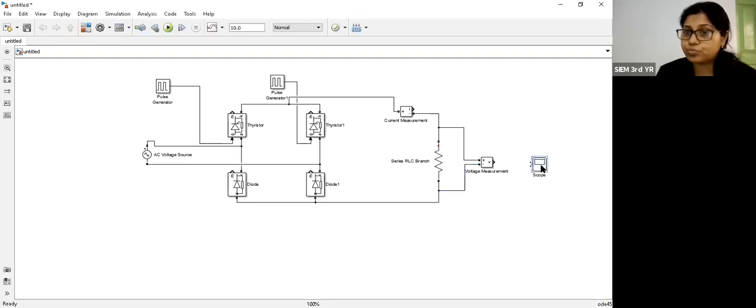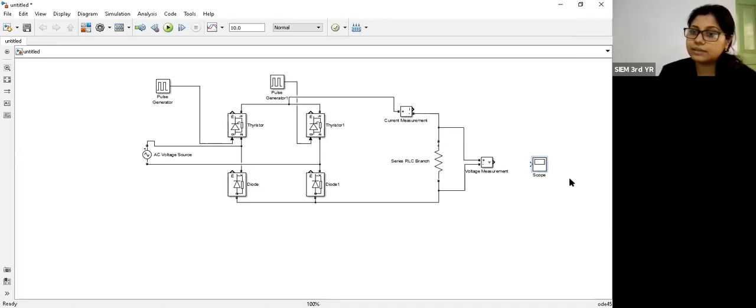Now, the scope. The purpose of the scope is that it acts as an oscilloscope. As in the hardware laboratory we have the oscilloscope, similarly, in power electronics MATLAB model simulation also, we need a scope, and the purpose of the scope is nothing but just like our oscilloscope.